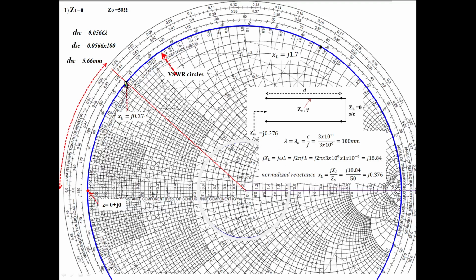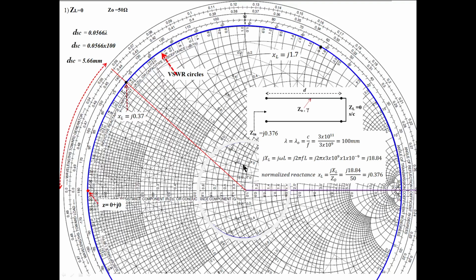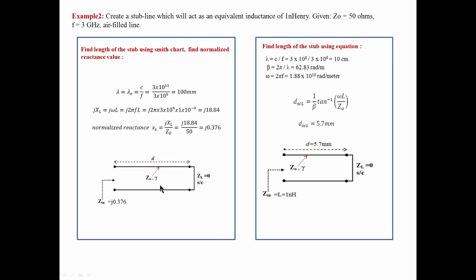Because of human error, we can't fix it exactly. So 5.66 and 5.7, that we got from the equation also. Instead of using the equation, you can easily obtain it from the Smith chart. Whatever inductor value is given, you can do it like this. Similarly, for a capacitor, we have to do the same way.